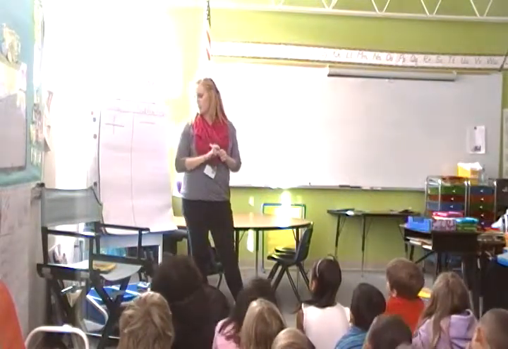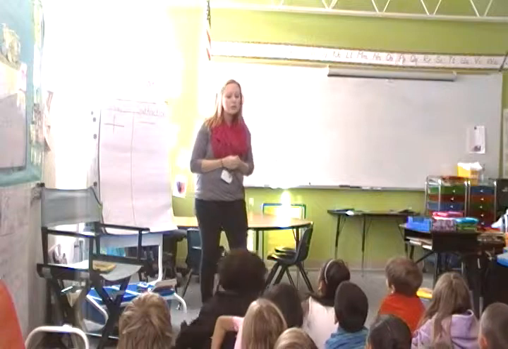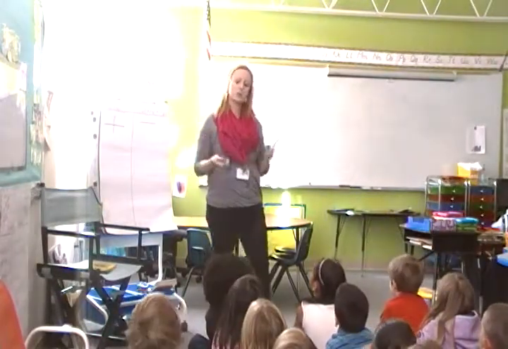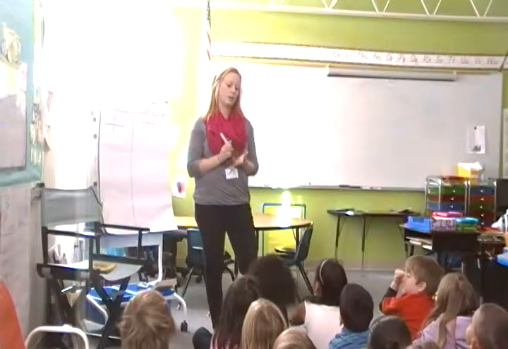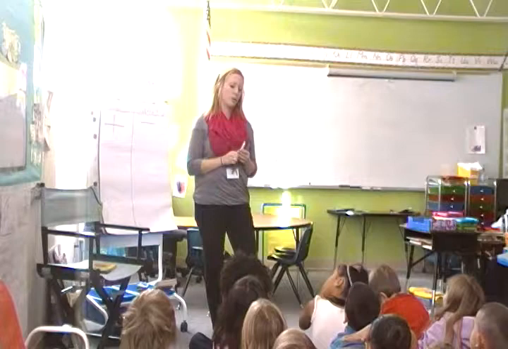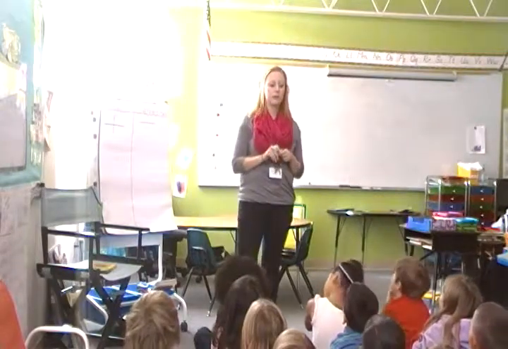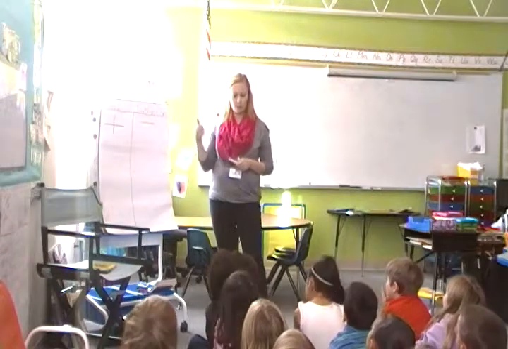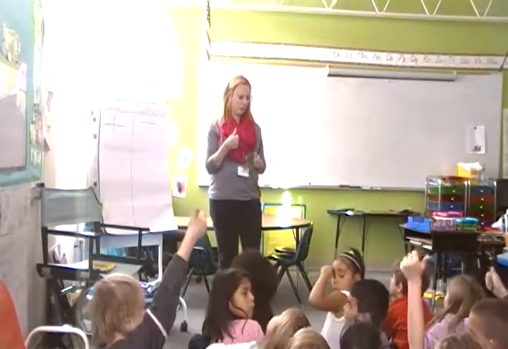So what else do we know about subtraction? What are some words or some pictures? You can tell me an equation, anything. Keith. Okay, so he says 5 take away 5 equals 0. Should we put that as an example on this side? Thumbs if you think that's a good idea. Yes.